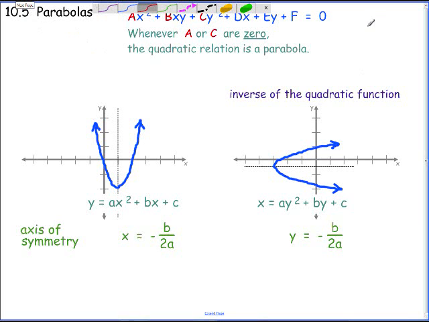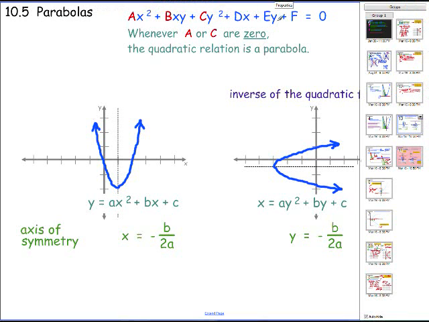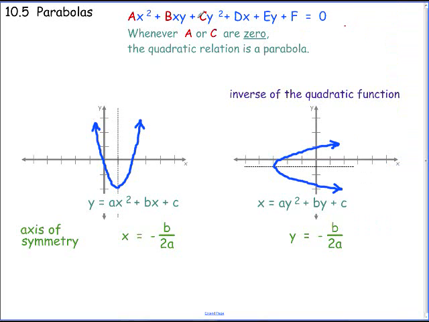Parabolas. Whenever A or C are 0, what is that telling us? It's telling us that we only have one squared term. So that's pretty easy to spot.